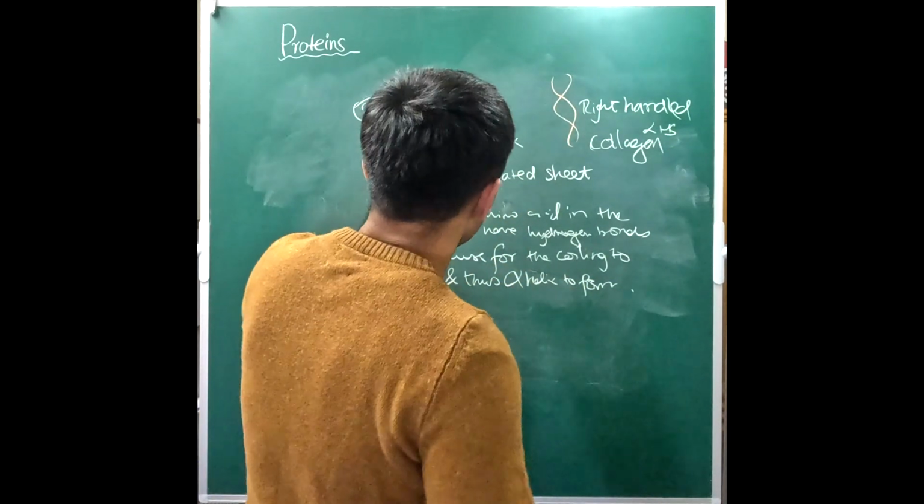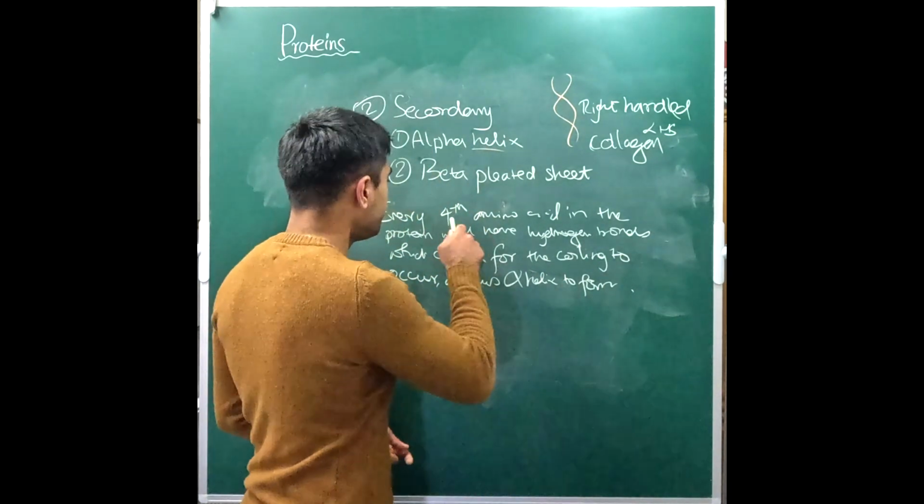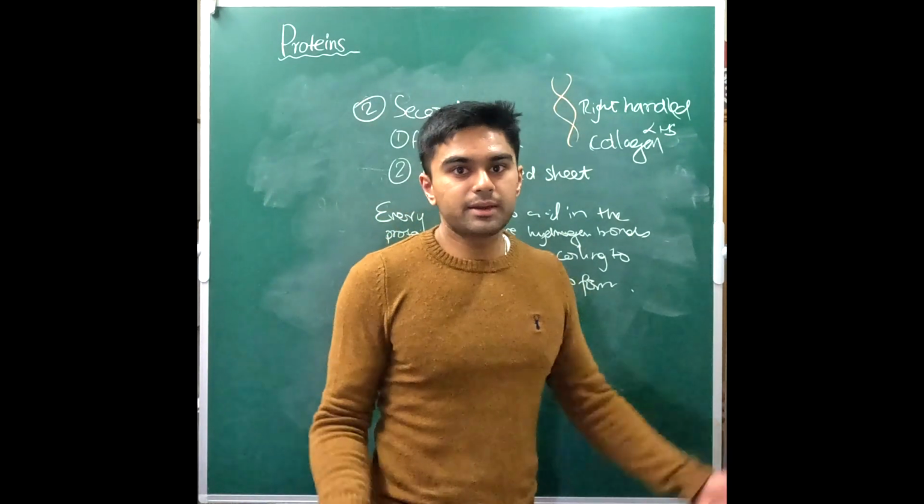That's all you need to know about alpha helices. Alpha helices have hydrogen bonds between every fourth amino acid. They basically make a twisting structure.